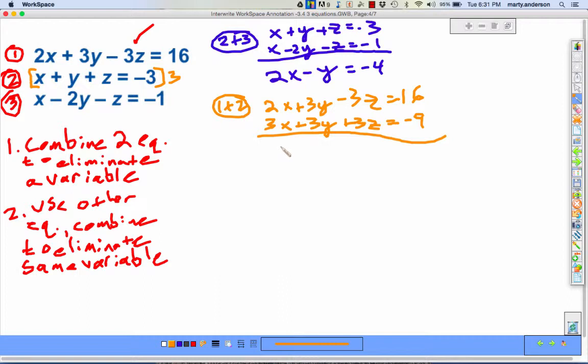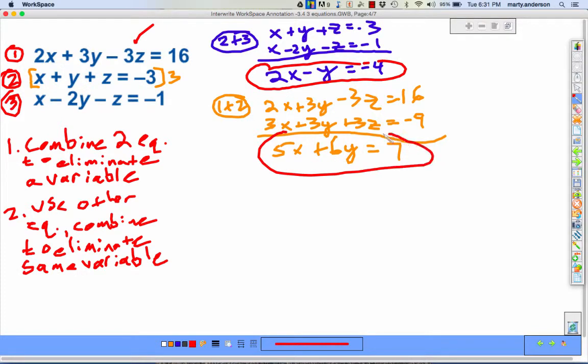And now when I combine these, I get 5x plus 6y equals 7. So now I'm going to use these two equations and I'm going to solve using those two. I will be able to get x and y.